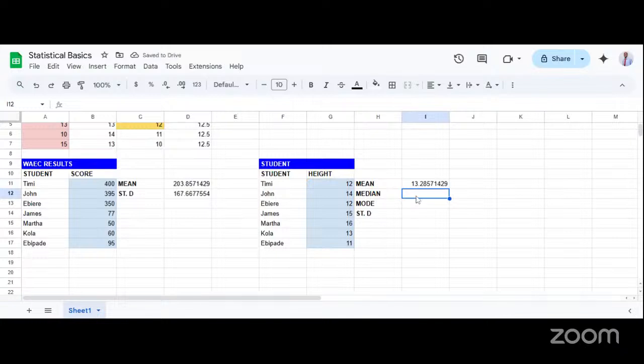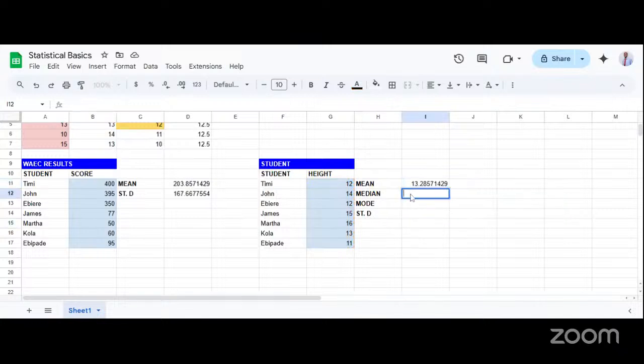We use the average function: average, open brackets, the cell range. That's where cell referencing comes in. You need to know the reference of the cell, like we learned in the previous classes. To reference multiple cells, G11 colon G17 means G11 to G17.